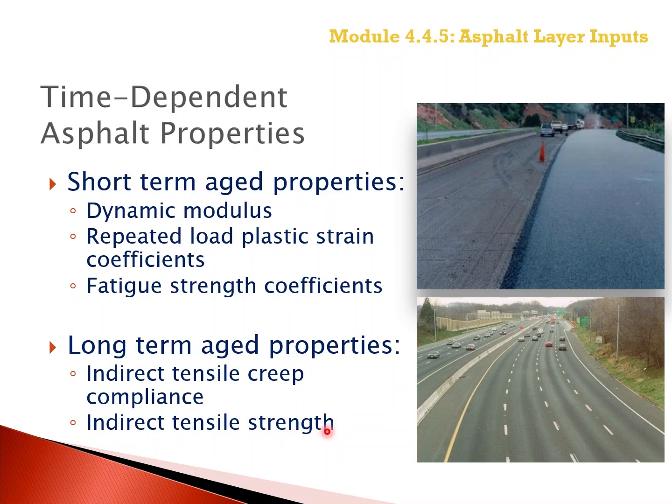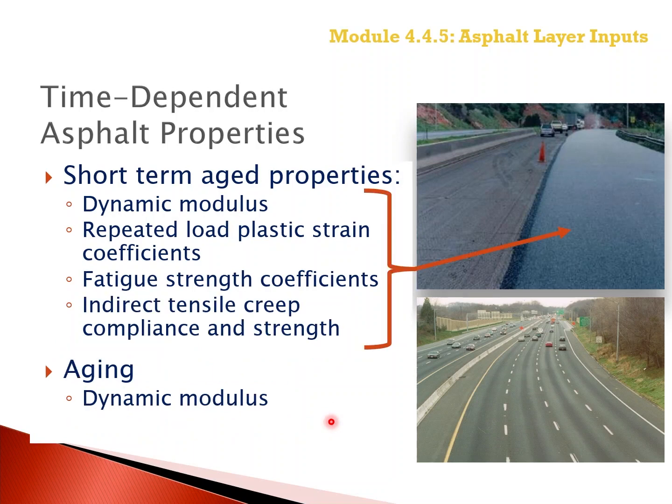However, all mixture response and strength properties representing short-term aged mixtures were included in the global calibration process. So, short-term aged conditioning is used in preparing the asphalt mixtures for testing the response and strength properties of asphalt mixtures.